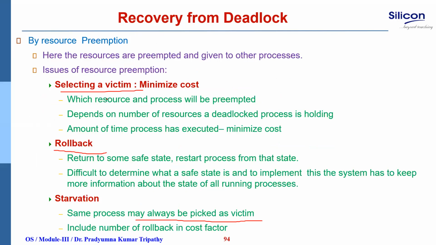In resource preemption, we'll select a victim with minimum cost and preempt it, or we'll revoke the resources one by one till a safe state is reached. We must ensure that a particular process or resource is not always selected as a victim. Is that clear? Is it understood?